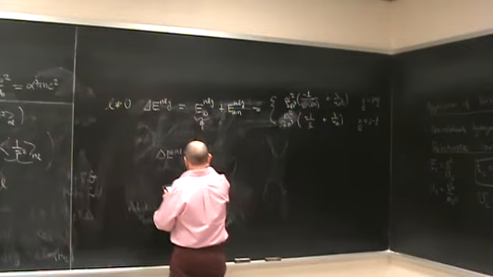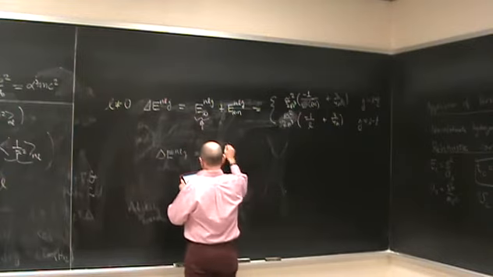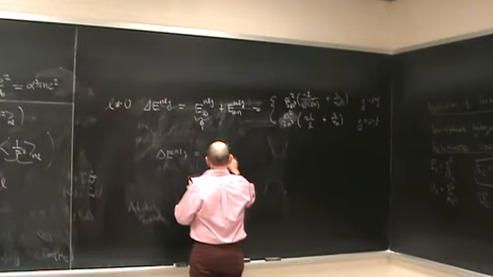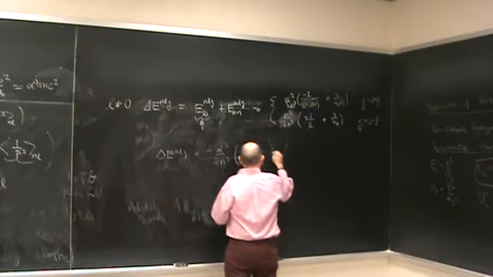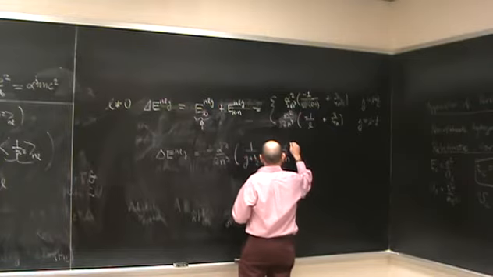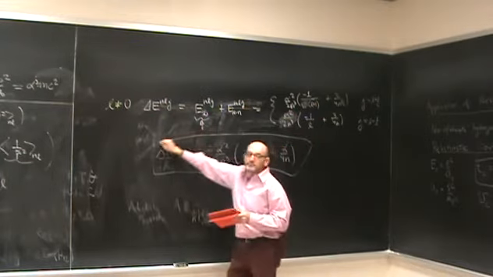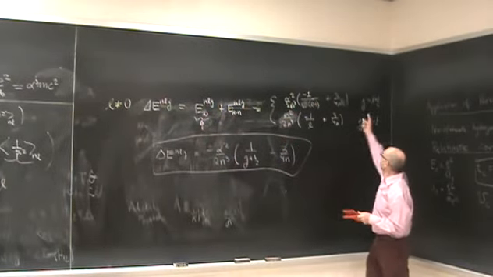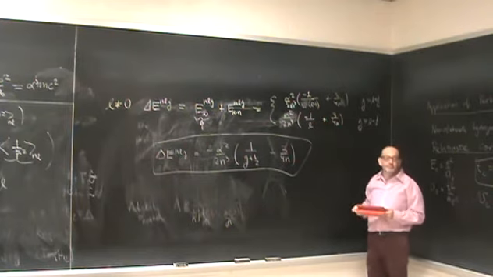This is equal to minus alpha squared over 2n cubed times 1 over j plus a half minus 3 over 4n, no matter what L is, because these two terms are the same. It's j plus a half.